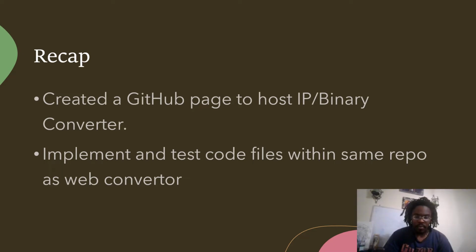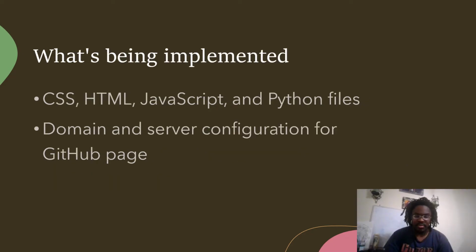So when we're talking about implementing and testing things, we want to start with implementation. The files that we're implementing are CSS, HTML, JavaScript, and Python files. We want to create the web page using the HTML, CSS, and JavaScript, so they can combine with each other to create the overall look and feel of the website, while also creating some functionality within it.